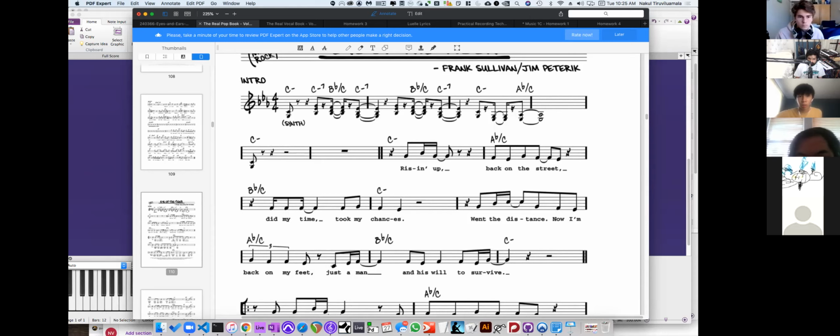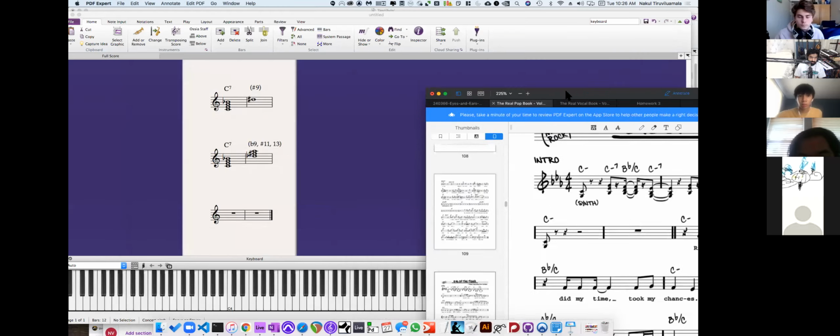So this B flat does not fit into a C minor triad, but it fits into a C minor seventh chord. You could think about this as being a non-chord tone, but that doesn't really make sense, right? This is a really good example of what I was talking about over here.